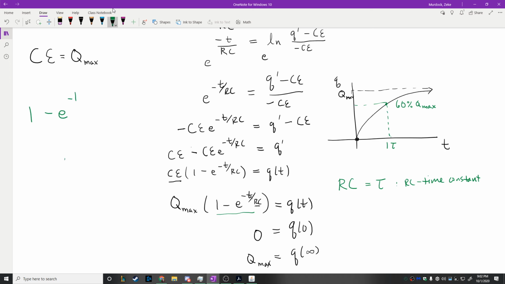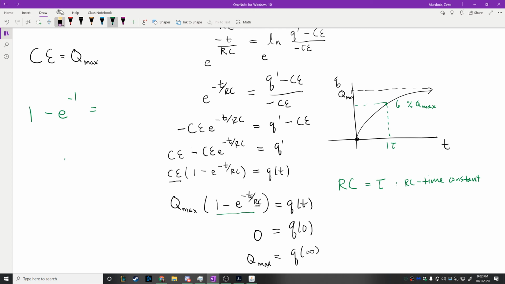When t is equal to RC, it's negative RC over RC, so you get that. And 1 minus e to the negative 1 is something like 0.639. Let's see. Yeah, 0.632, sorry. So technically, I should have said it's about 63% of Qmax after one time constant.